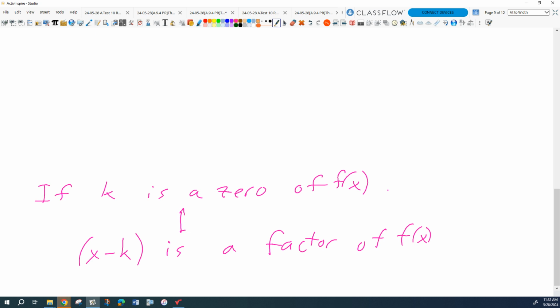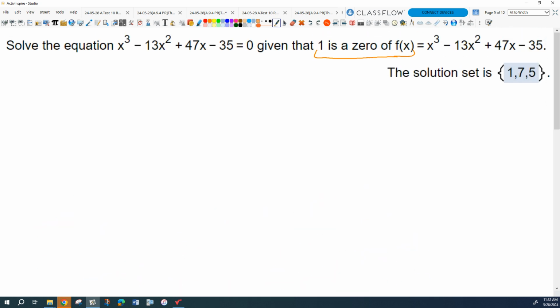If I know a zero, to find the factor that goes with that, I just subtract it from x. So in our case, 1 is a zero, so x minus 1 is a factor. And so if I were to divide my polynomial by x minus 1, what would the remainder be if x minus 1 is a factor? 0, right?